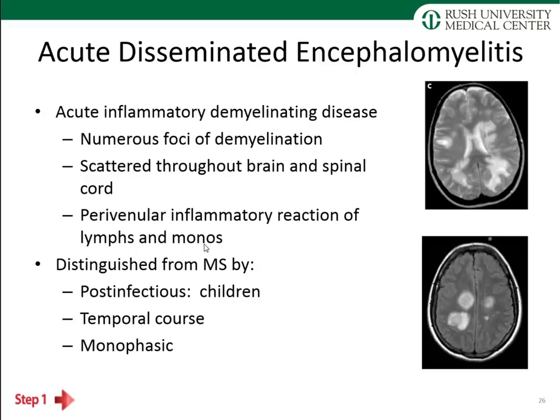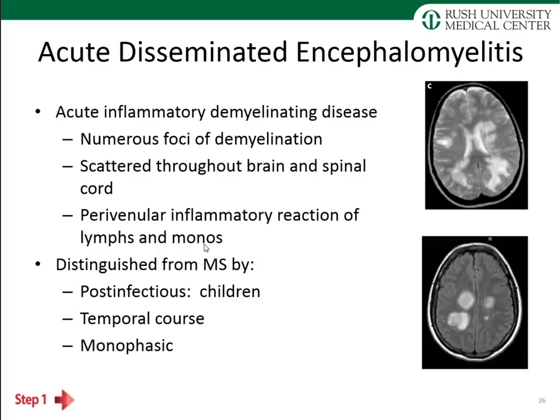So let's discuss one of those now, and that disease is called acute disseminated encephalomyelitis. This is an acute inflammatory demyelinating disease. It will cause numerous foci of demyelination scattered throughout the brain and spinal cord. And it appears to be a perivenular inflammatory reaction of lymphocytes and monocytes.